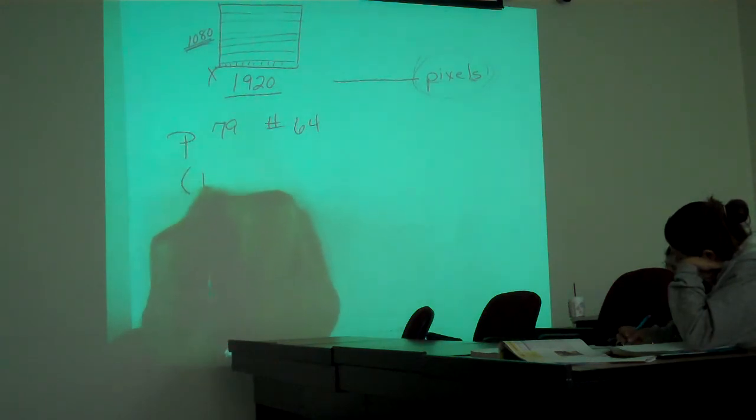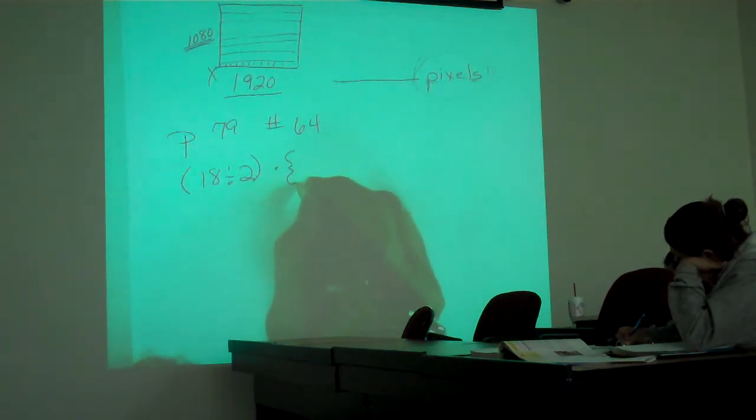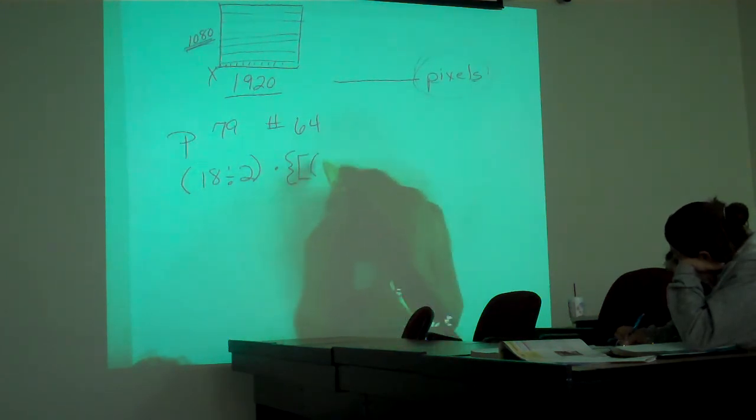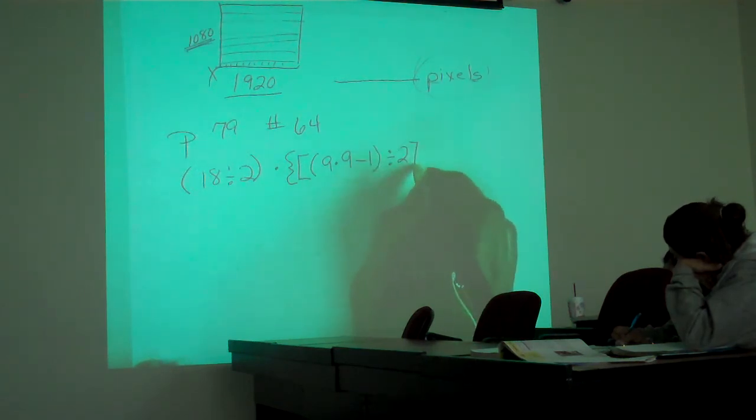Okay, parentheses, 18 divided by 2, parentheses, times, I call this a squiggle. There's a bracket and a parentheses all together there. 9 times parentheses 9 minus 1, parentheses divided by 2, there's the end of the bracket.